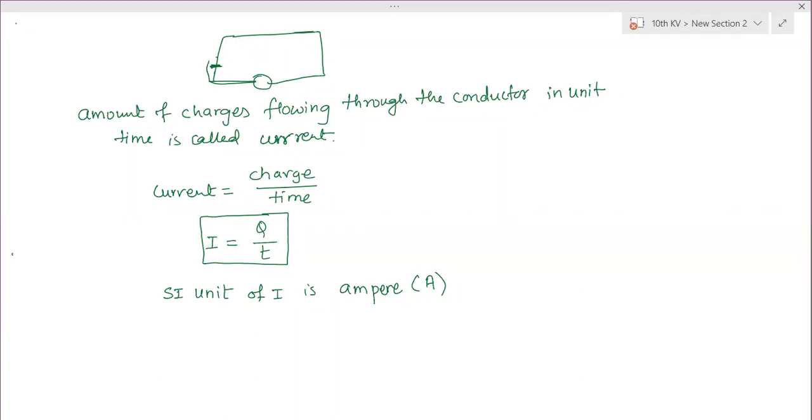For everything, all the physical quantities related to electrical appliances have some symbols. You need to know the symbols. Some of the symbols you will learn in this chapter. So a closed path in which the electrons flow through the different electrical devices is called a circuit.